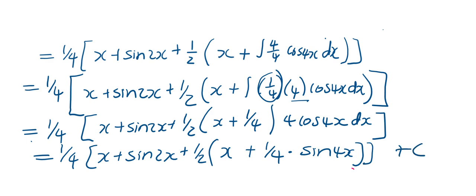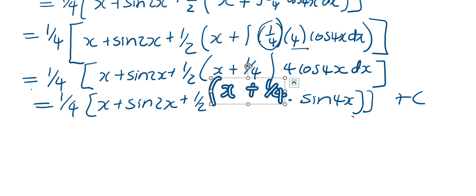all plus c. So always put the c outside, because remember that when we were differentiating, there might have been some constant c that you have differentiated, and when you differentiate a constant, it equals 0.